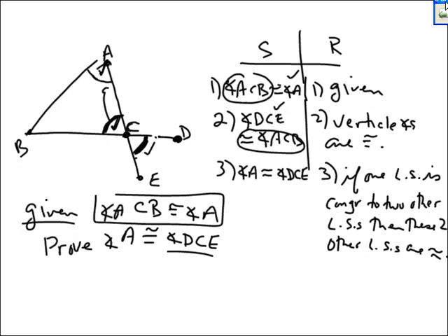I said if two line segments are congruent to a third line, sorry. Line segments should be replaced with angles. Sorry. If two angles are congruent to a common third angle, then these two angles are congruent. If one angle is congruent to two other angles, then these two other angles are congruent. It's a transitive property. That proof is now done.